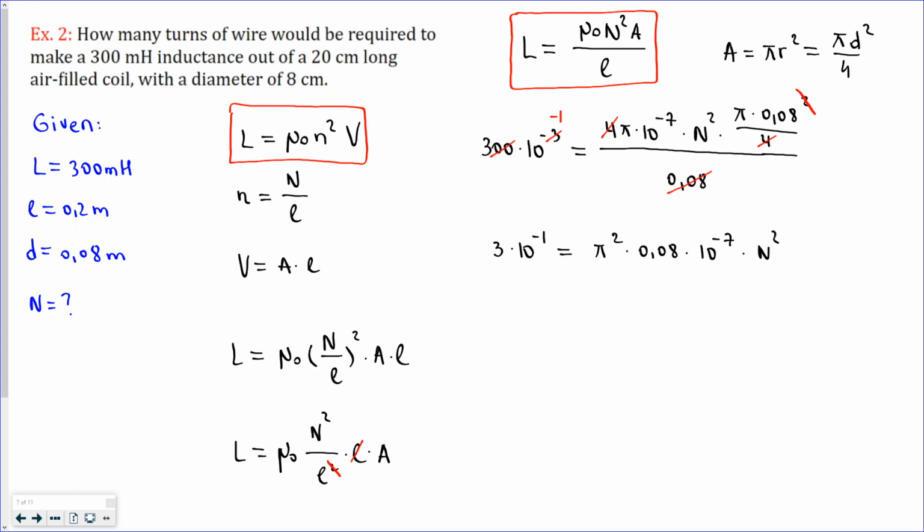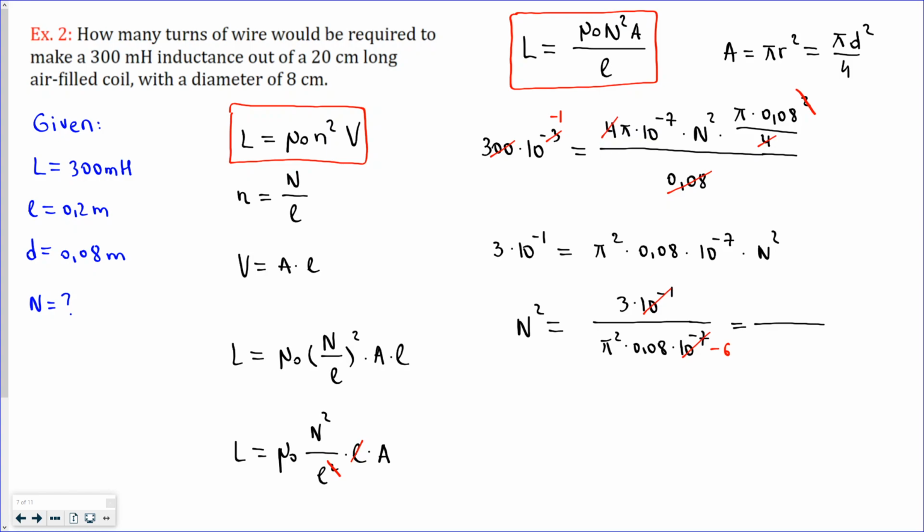Okay, what do we do next? N squared is equal to 3 times 10 to the minus 1 over pi squared times 0.08 divided by 10 to the minus 7. So we have minus 1 here and minus 7, it means we have minus 6.